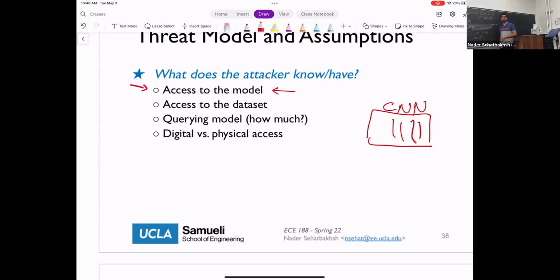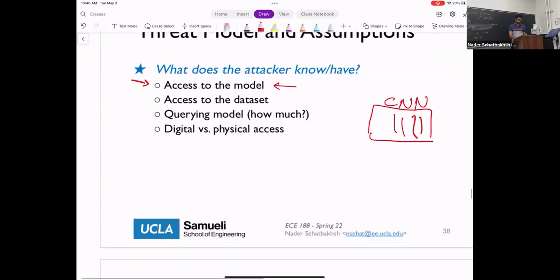Because if you assume this is a black box system and the attack is unsuccessful, you always have to worry about what would happen if the attacker gets that knowledge and attacks your system as a white box. But if your defense mechanism works with white box, then you are guaranteed that the system also works for black box.